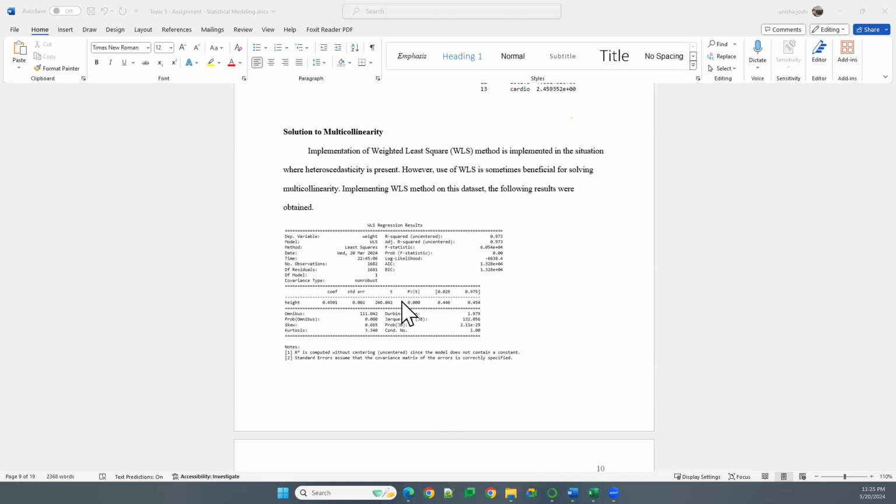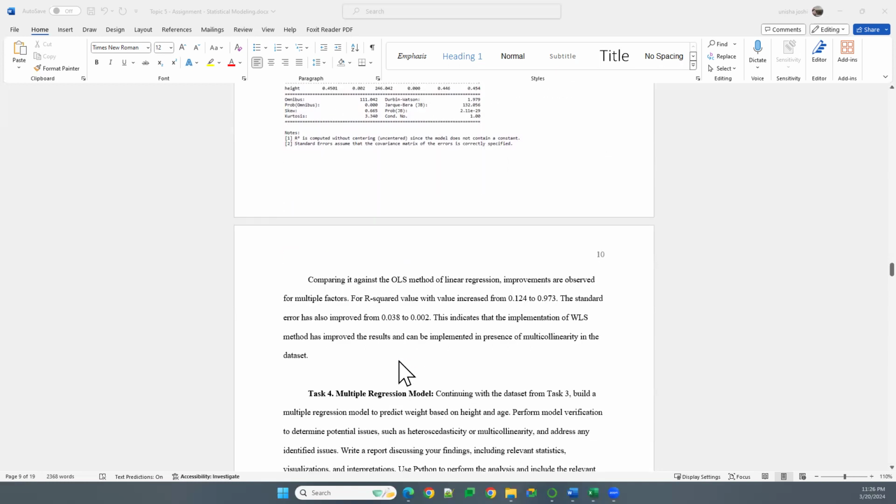And the standard error, R squared value, and probability of F-statistic value have improved quite a lot. So we can conclude that the implementation of the weighted least squares method resolves the issue.